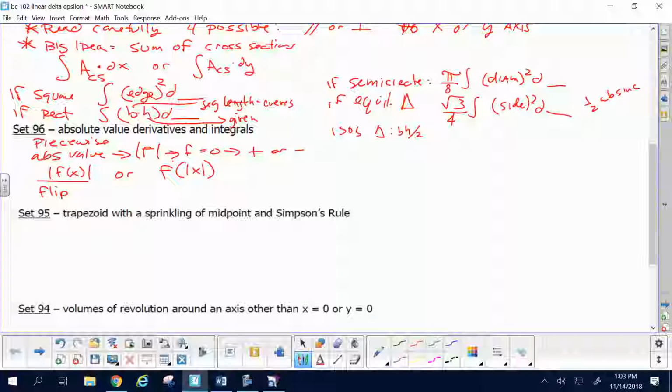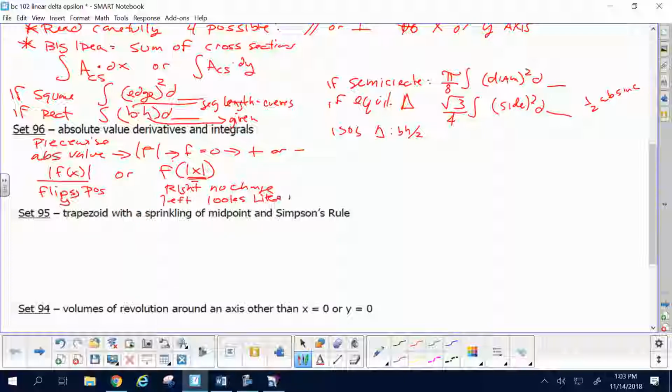Y is positive, flips positive y's. Okay? What does absolute value on the x do? It's not about up, it's not about everything flipped above, it's about the right being left alone, and the left looks like the right.